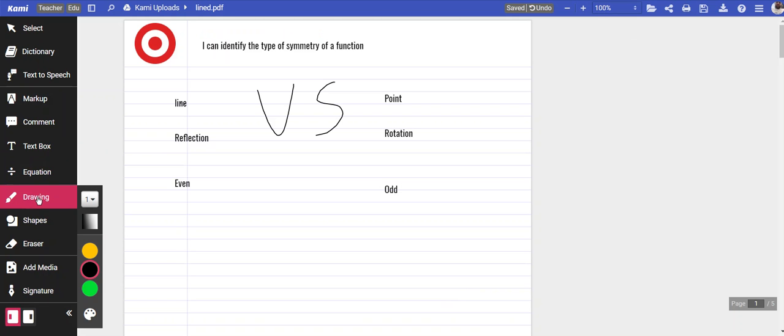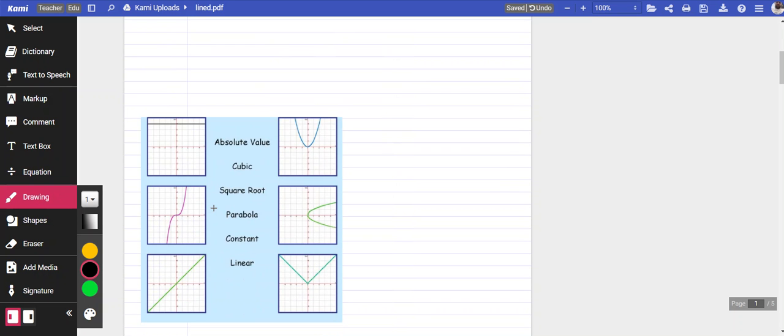So the idea of reflective or linear symmetry is that a graph can be folded, and you can put it in your pocket. Like this guy right here, I could fold it right there and put it in my pocket.